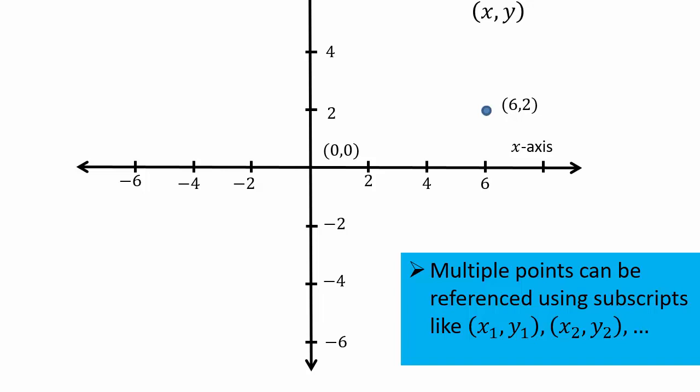When you run out of variables, mathematicians use subscripts. So (x1, y1) is the x-coordinate of the first point and the y-coordinate of the first point. (x2, y2) would be the second point, and so x2 would refer to the x-coordinate of the second point, and y2 would refer to the y-coordinate of the second point.